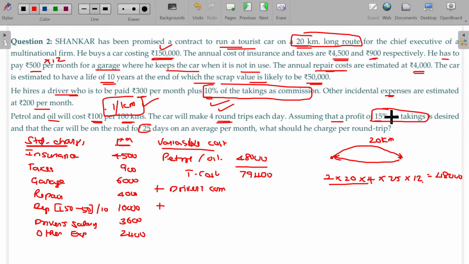Apart from that, expected profit being 15% of the takings. If you add that up, you will get the takings. If the fare being 100, driver's commission being 10 and profit 15, naturally the total cost should be 75. This 79,400 is nothing but total cost. The total cost is 75. Then what about the 10? You can do the cross multiplication.